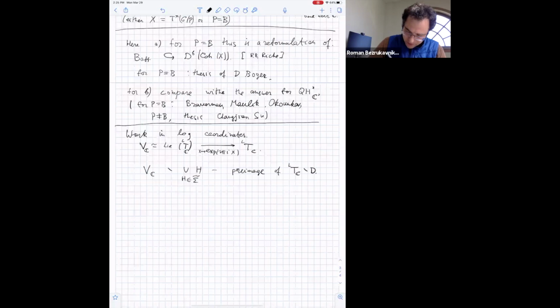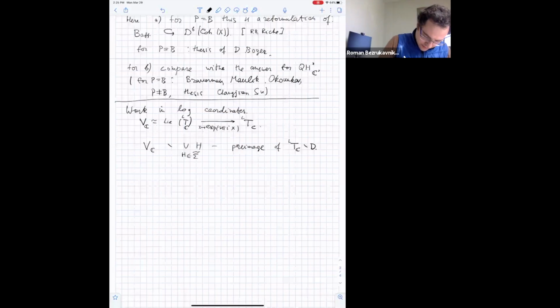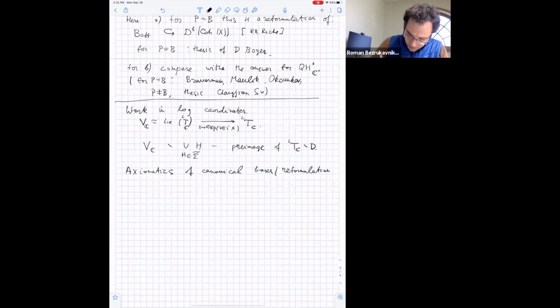TLC with D removed. And I want to start with axiomatics of canonical basis, which at least in the case when P is equal to B, is a reformulation of Lustig's, well, conjectural definition.